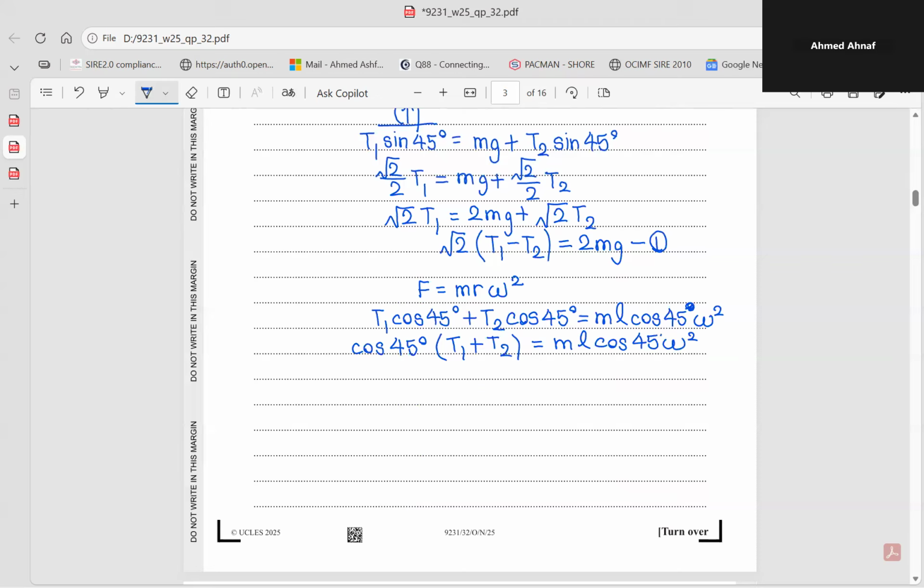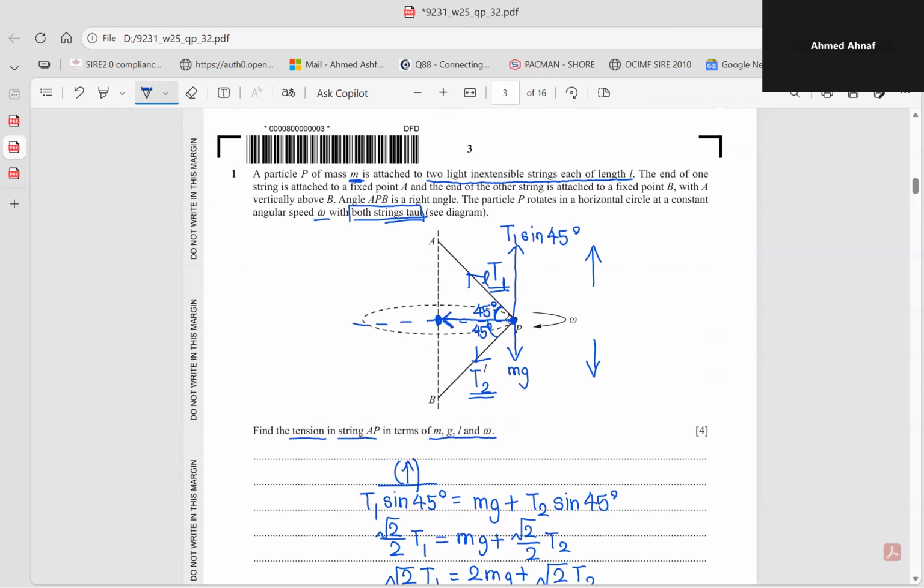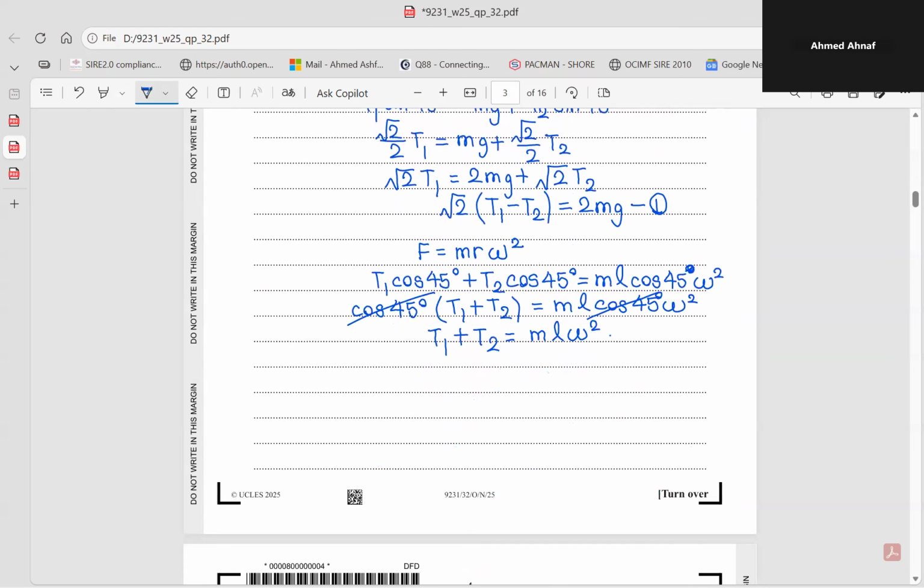First things first, we can cancel out the cosine 45, and therefore we're left with T1 plus T2 equals mL omega squared. I don't think we can simplify anymore, so this is going to be our second equation that we're going to use to solve.